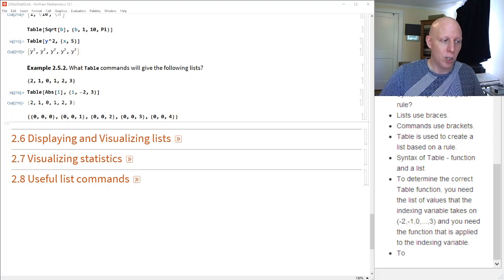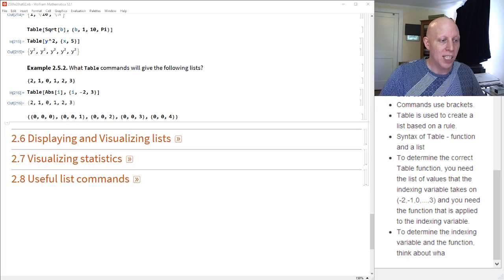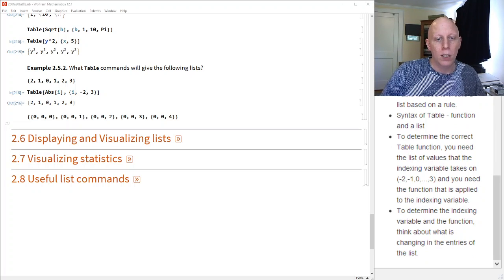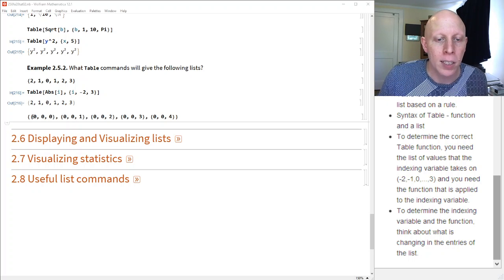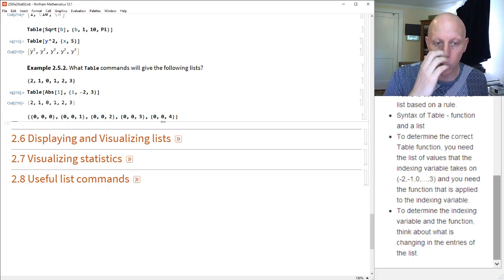So to determine the indexing variable and the function, think about what is changing in the entries of the list. Here I see 0, 0, 0, 0, 0, 1, 0, 0, 2, 0, 0, 3, 0, 0, 4. The only thing that's different between them is that last value.